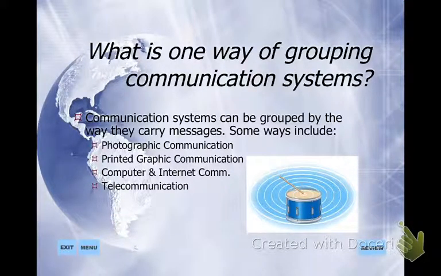So packaging would come into this category. Computer internet, how do we use websites and computers and the internet world to communicate our message? We'll talk about that a little bit. And the last group is telecommunication, that is our television and our radios. Tele means long distance communication. So telecommunication is something over long distance, which goes back to our radio and our television.